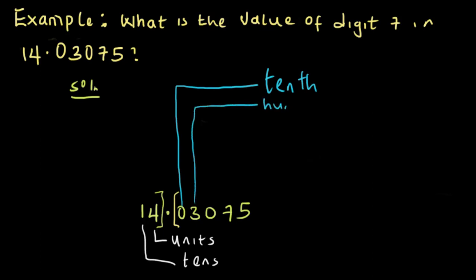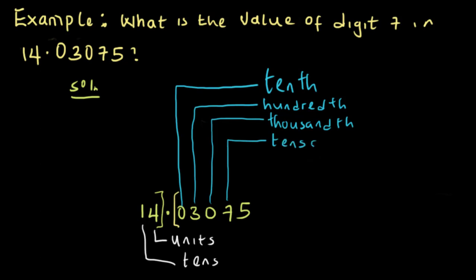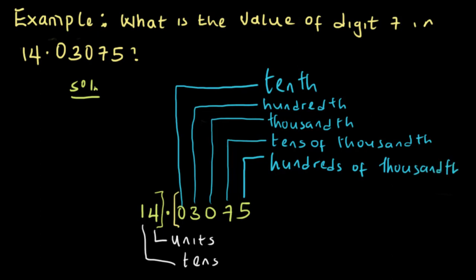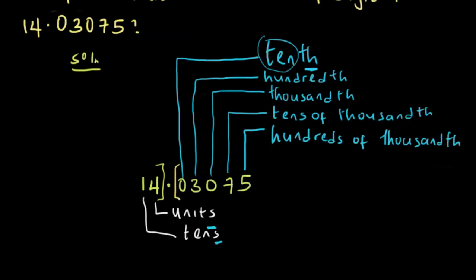Then we have hundredths, then thousandths, then ten-thousandths, then hundred-thousandths. Do you understand? So before the decimal point come down, it ends with S. After the decimal point go up, it ends with th, and we start from tenths.